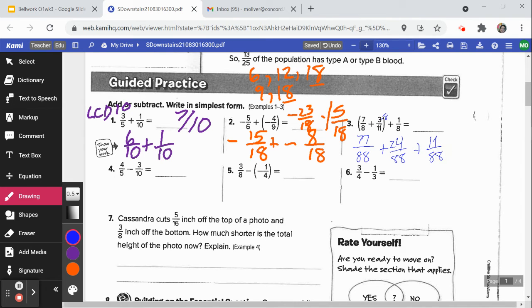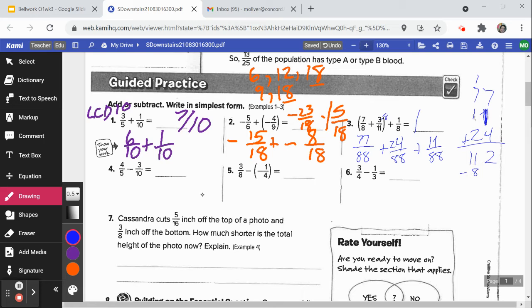Now we just add them. Okay, so if I have 77, 11, oops, that looks like 7. It's really 11, and 24. 8 and 4 make 12, and then 8, 9, 10, 11. 112, that's a lot. So I know 88 is going to go into that one time.